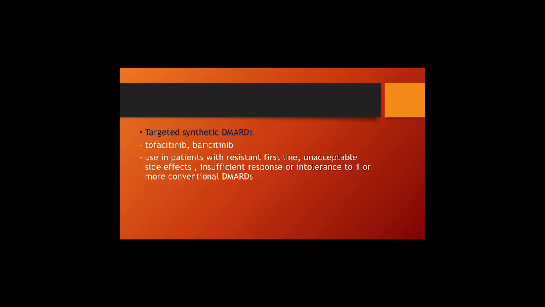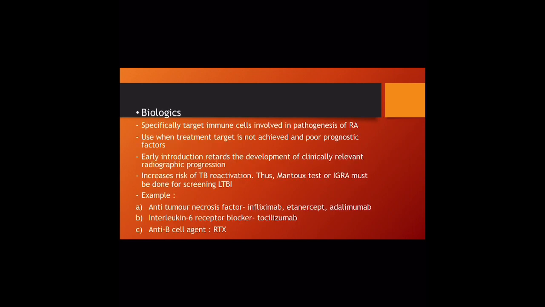This is the targeted synthetic disease-modifying anti-rheumatic drug. Tofacitinib, baricitinib, used in patients with resistance to first line, unacceptable side effects, and insufficient response to the conventional disease-modifying anti-rheumatic drugs. We have another group, which is the biologics. They specifically target immune cells involved in the pathogenesis of rheumatoid arthritis.